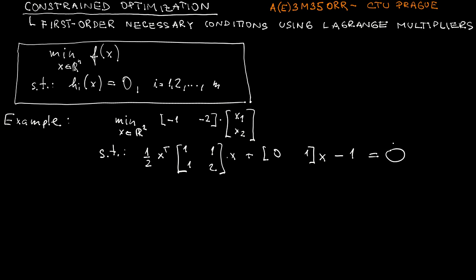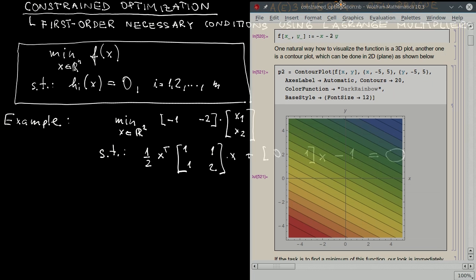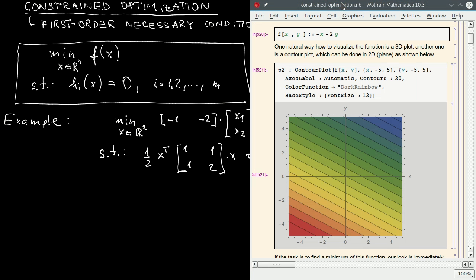First, let's have a look at the cost function. And apparently it's a linear function, so no surprise that its contour plot looks like this. That means that the function grows towards the warmer colors, towards the orange and red color.